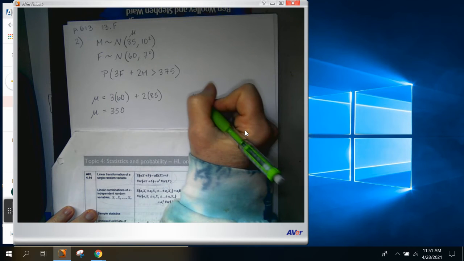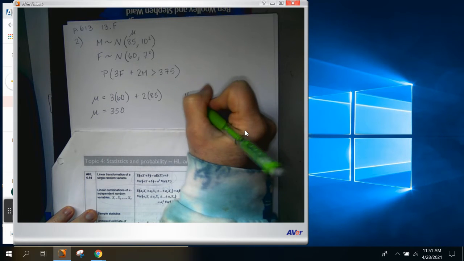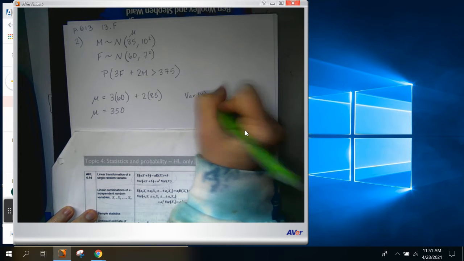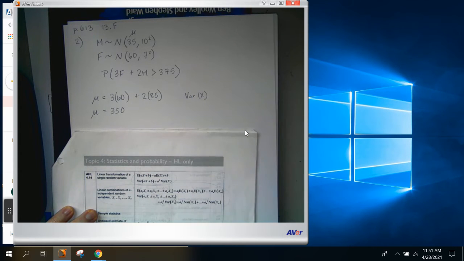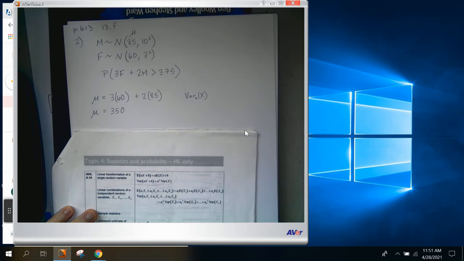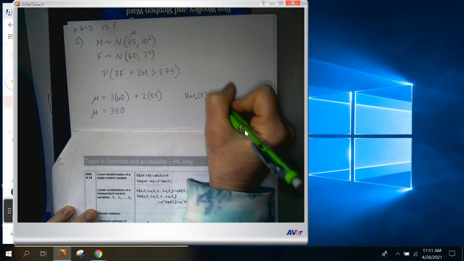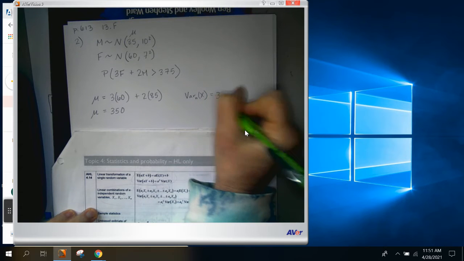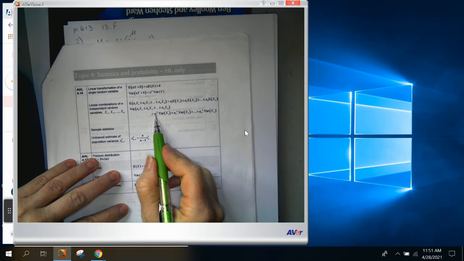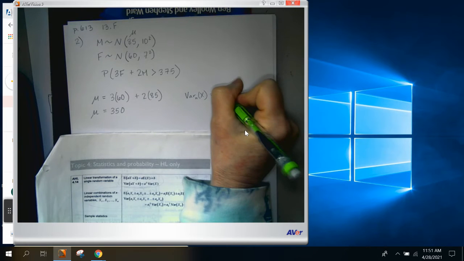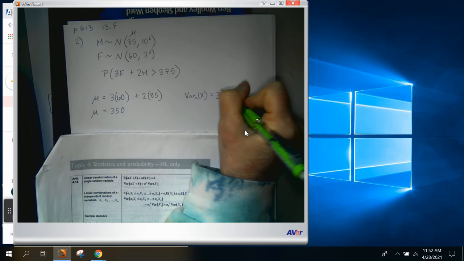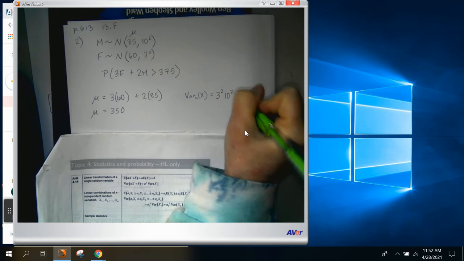For the variance of my new x, what should we call that? X sub n, variance sub n, is going to be equal to 3 squared, because remember it says that I have to take the multiplier squared. 3 squared times the original variance, which was 10 squared, plus, I just did that backwards.